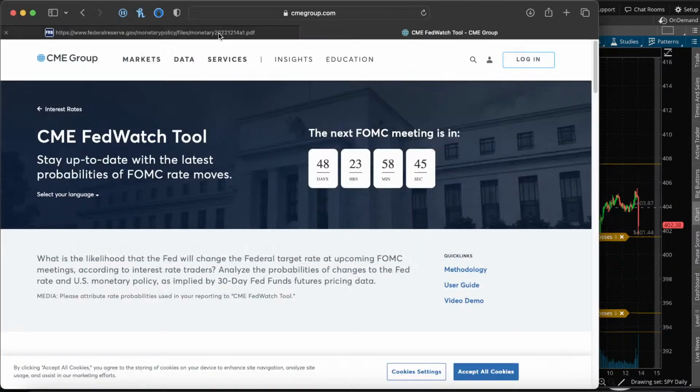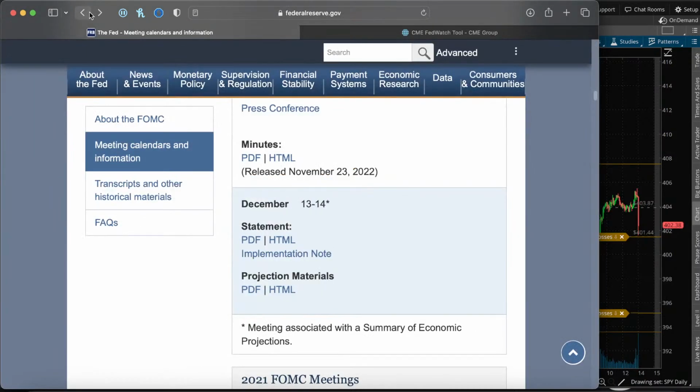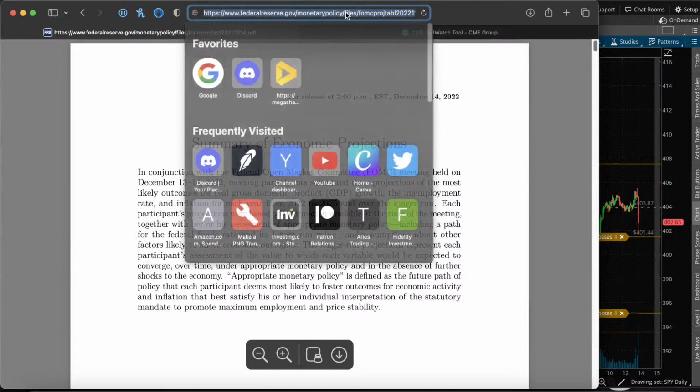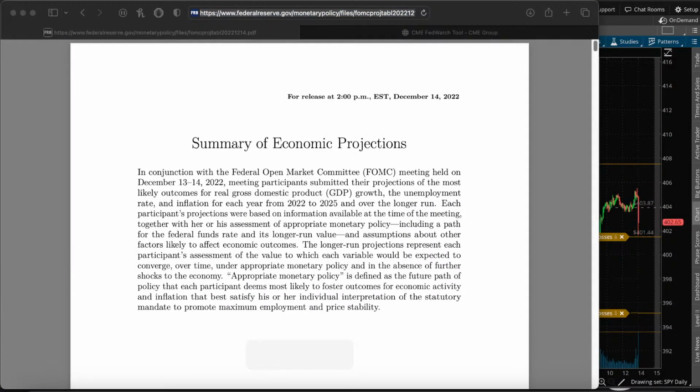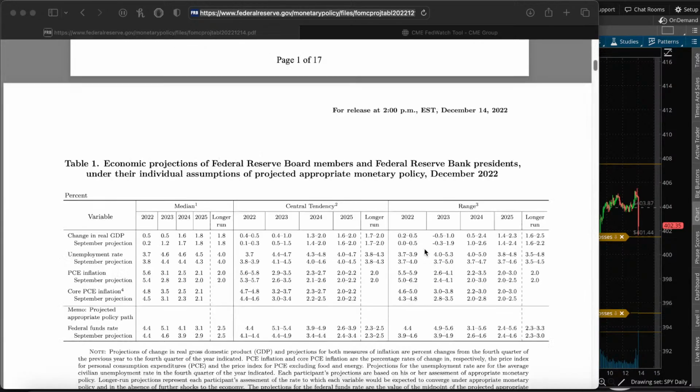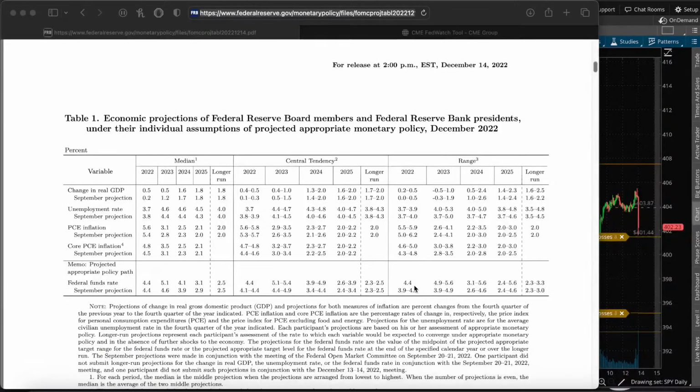So what really matters, and what I've been talking about for the last couple of days, is the projection materials, or what the Fed estimates the rates to go to for the highest interest rate in 2023. And then the long term. So this is the new summary of economic projections. I'll pull up the old one after we go through this.